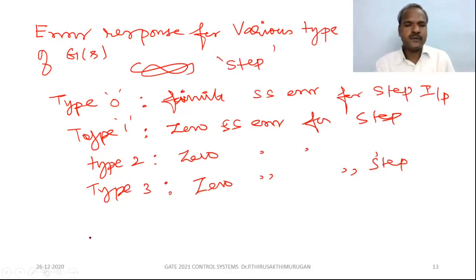So for the step input, type 0 has finite non-zero steady state error, whereas type 1 system has zero steady state error for step input. Type 2 system also has zero steady state error, and type 3 system has zero steady state error.